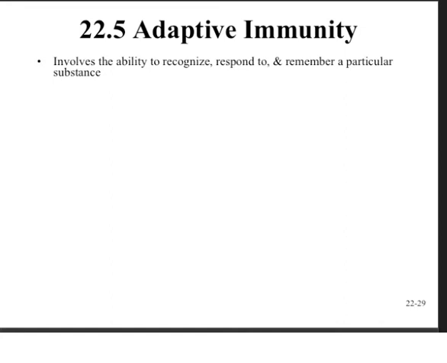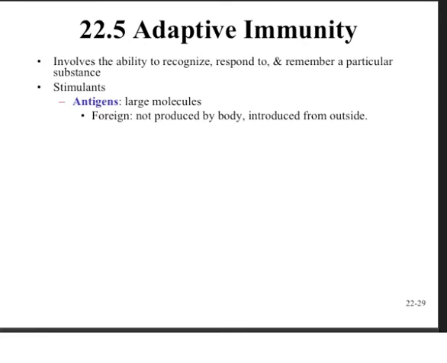So it involves the ability to recognize, respond to, and remember a particular substance, and this is stimulated by the presence of antigens, which are large molecules that are not similar enough to those that are produced in the body for the immune system to tolerate them.